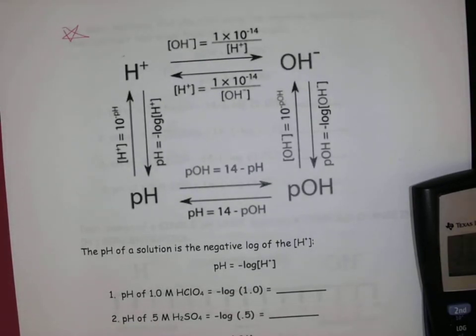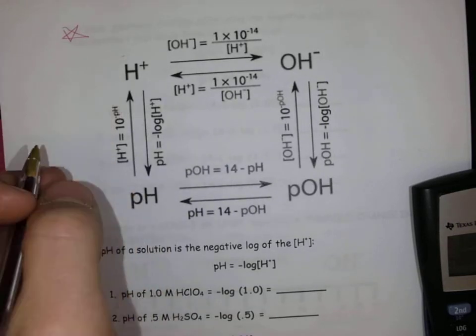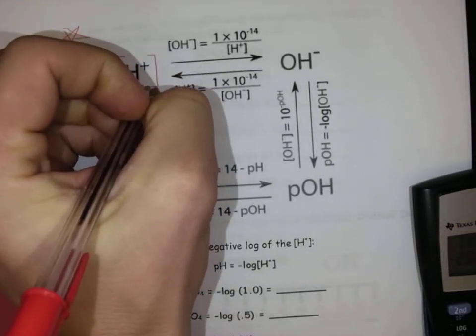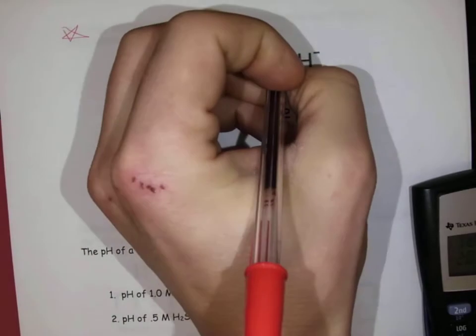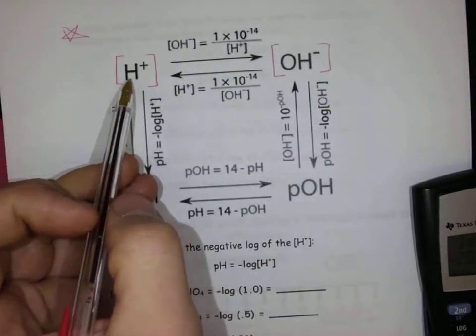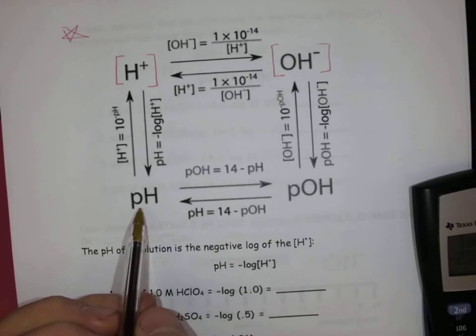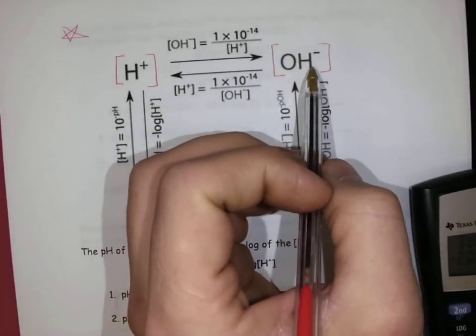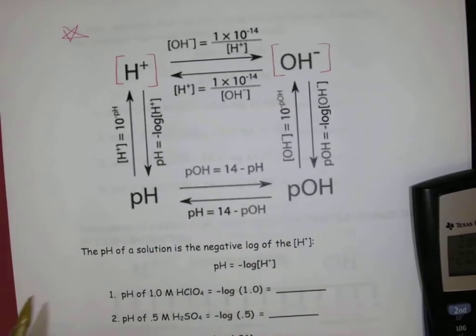Anytime we have the H+ concentration, and I'm going to put square brackets on here because that indicates concentration, I can go from H+ concentration to pH to pOH to OH- concentration. I can go anywhere I want on this square.